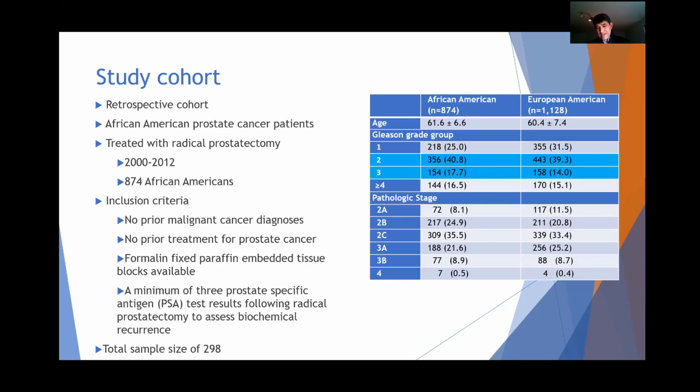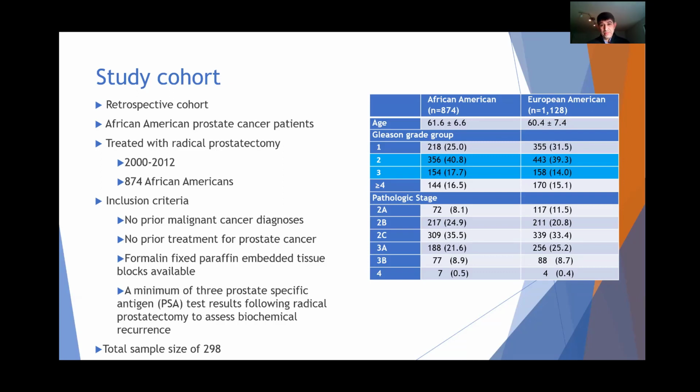And on the right, I just have some very simple descriptive statistics comparing the African-American cases that make up this cohort to the European-American cases that were diagnosed at the same time. What you can see is that in all of these categories, age, Gleason group, and pathologic stage, they're actually quite comparable at diagnosis.